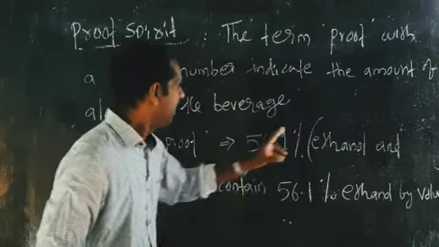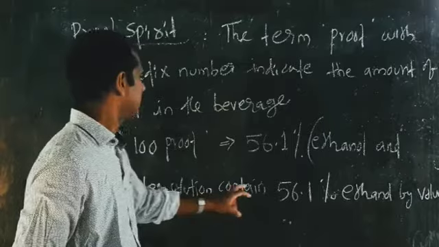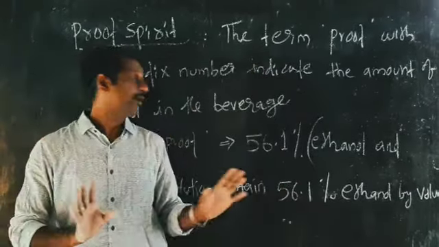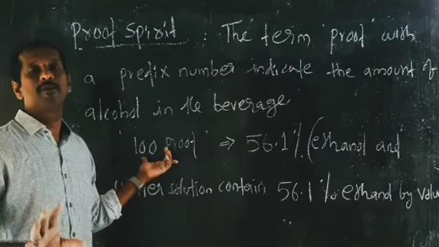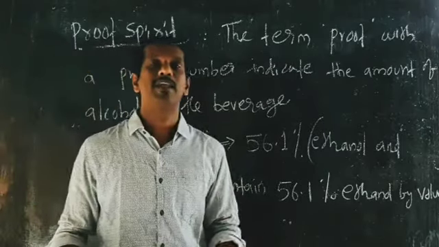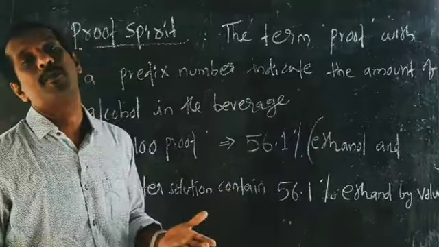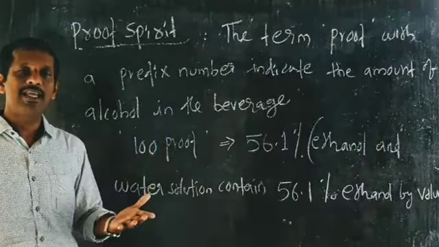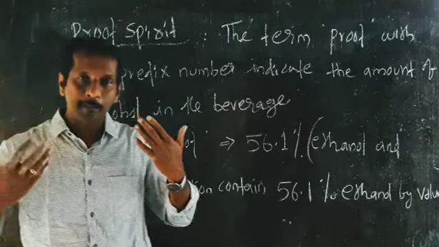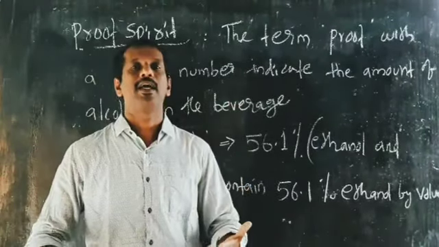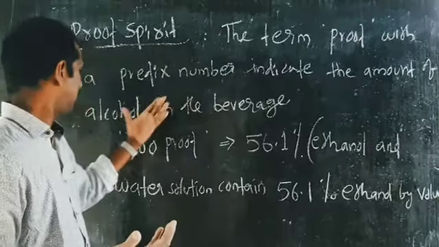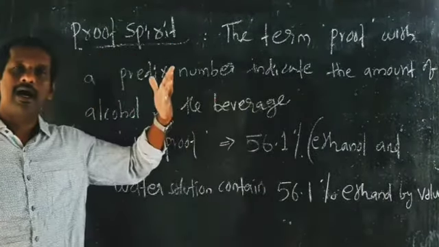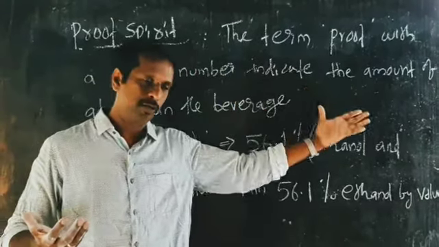That means the ethanol and water solution contains 56.1% ethanol by volume. That is what is called 100 proof. So proof is the measure of ethanol content in the beverage. This 100 proof is 56.1%, as marked in the UK and Canada.